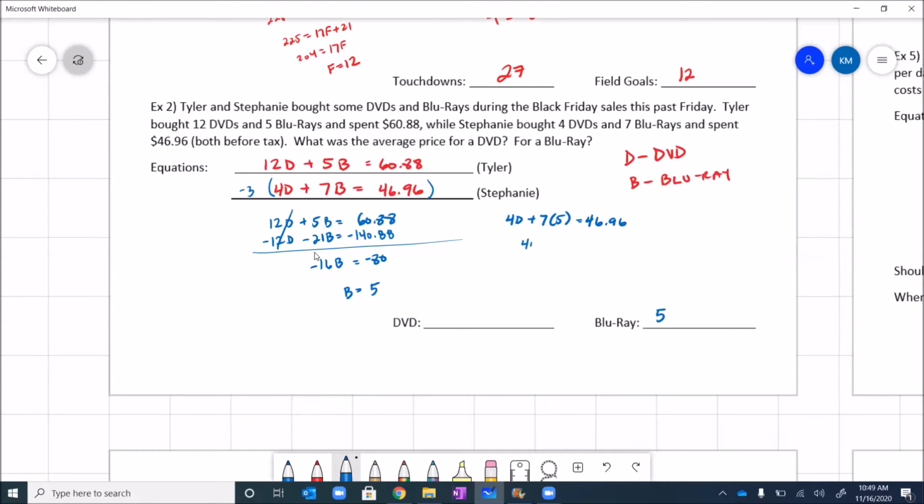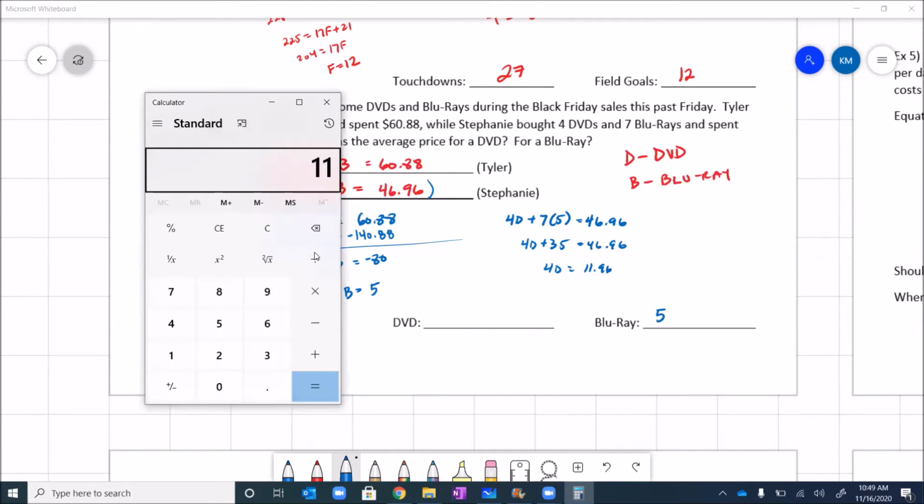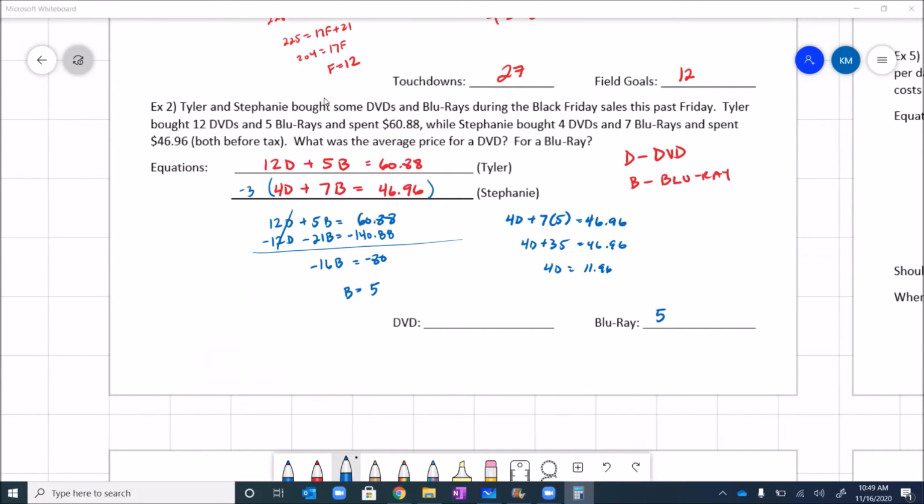So 4D plus 35 equals 4696. 4D equals 1196. 1196 divided by 4, 299. There we go. And so the DVD costs $2.99. All right. Makes sense. Great Black Friday sale.